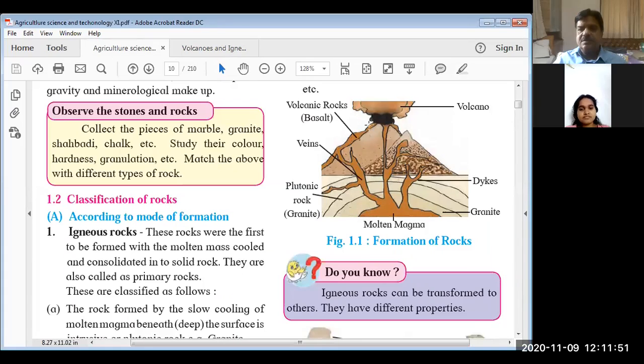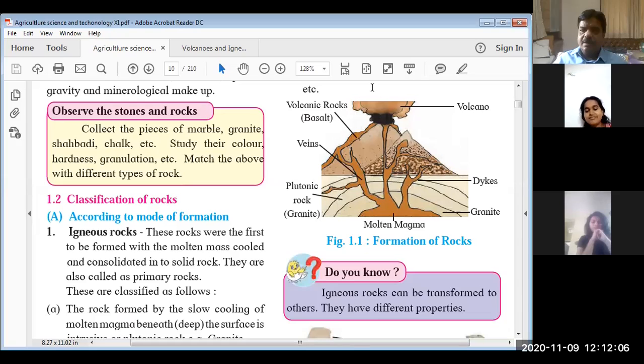Now, see this screen. On the right of the screen, you can see the figure. That is a formation of rock. This is a volcano. Now, at the bottom, you can see this formation of rock. I have highlighted how rock is formed, it is from molten magma.